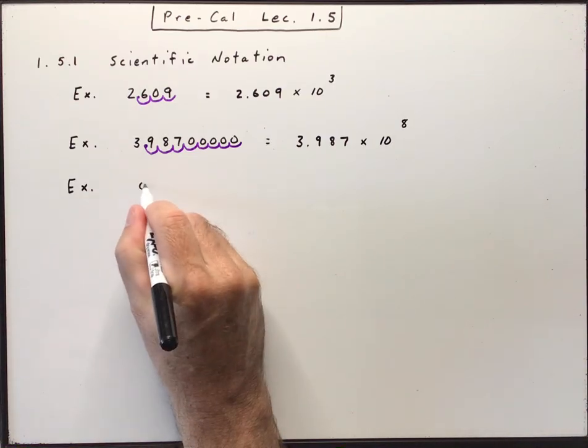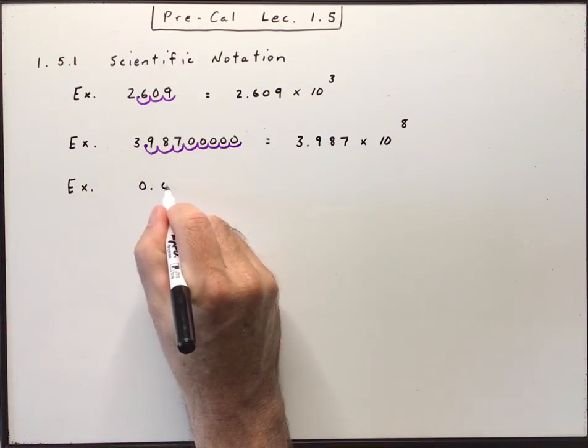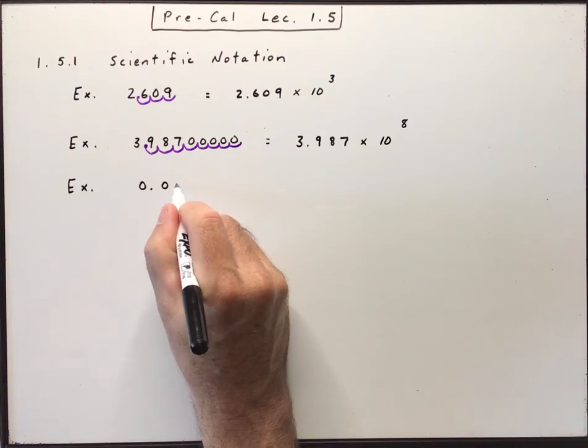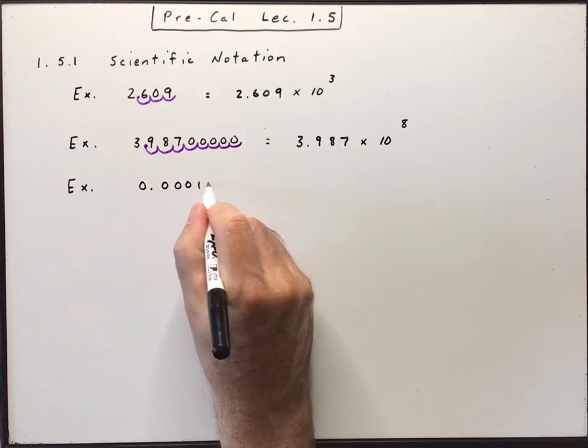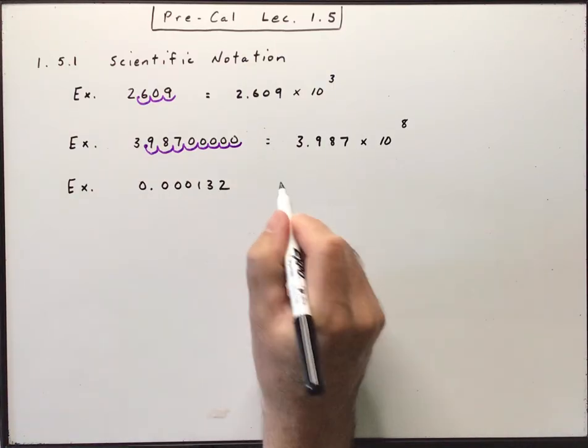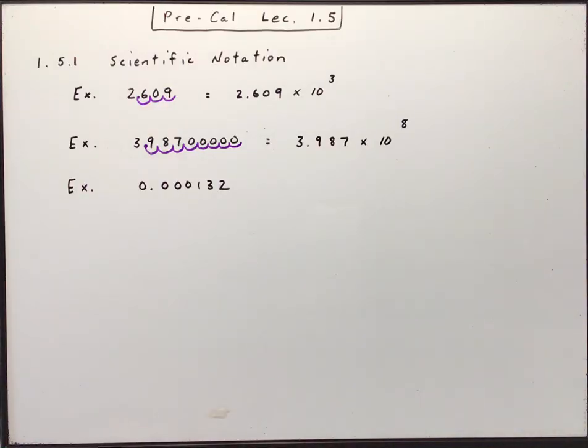And then let's do a really small number. How about 0.000132? How am I going to write that in scientific notation?